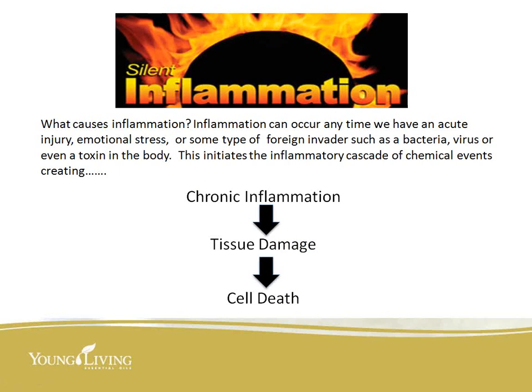Let's talk a little bit about inflammation. What causes inflammation? Actually, inflammation is the number one cause of disease. So the diseases that we were talking about earlier, usually the culprit is inflammation. It starts with inflammation. It can occur any time that we have an acute injury, emotional stress, or some type of foreign invader such as bacteria, virus, or even a toxin in the body.